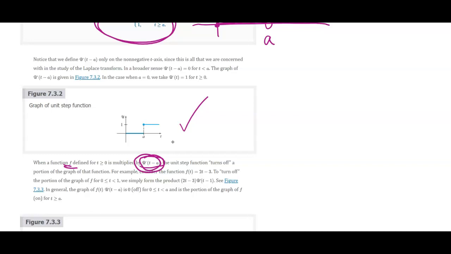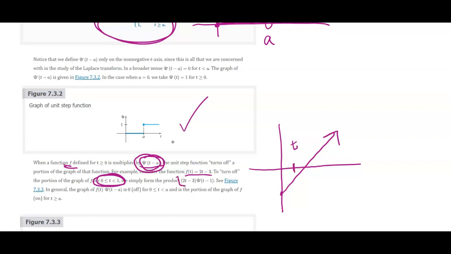So if we look at this function, this line, and I'm only going to do it for t greater than 0, it would look like this. But I don't want this function to be applied from 0 to 1. I just want it to be applied after t equals 1.